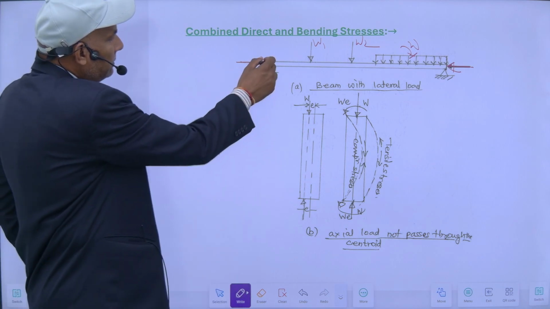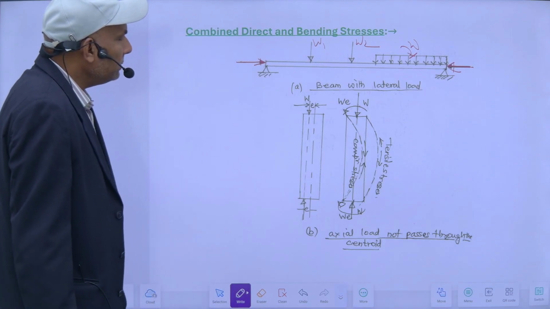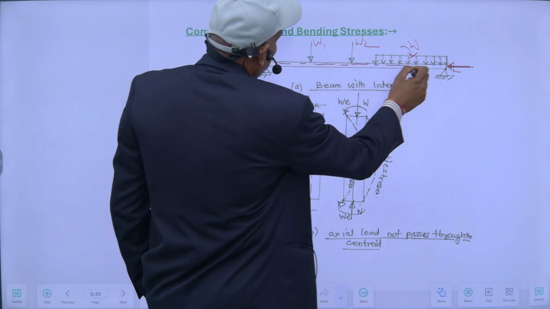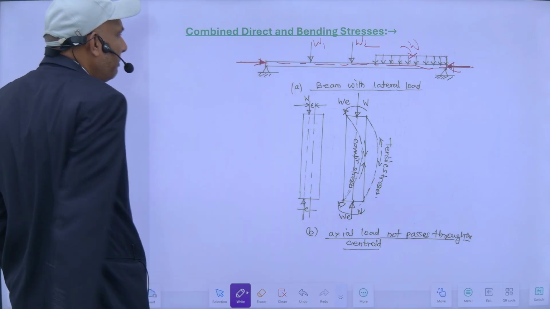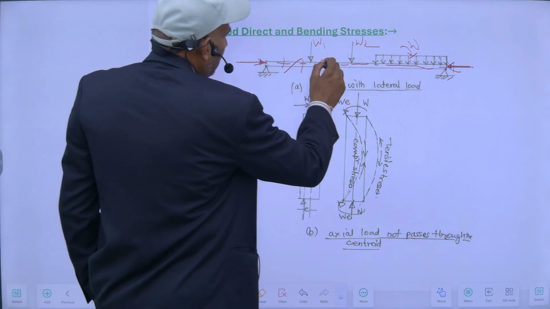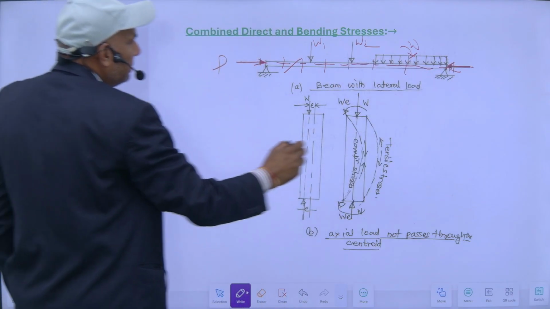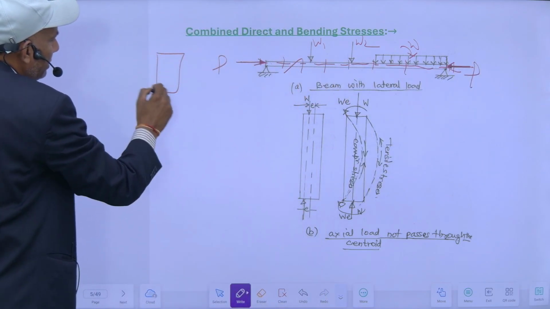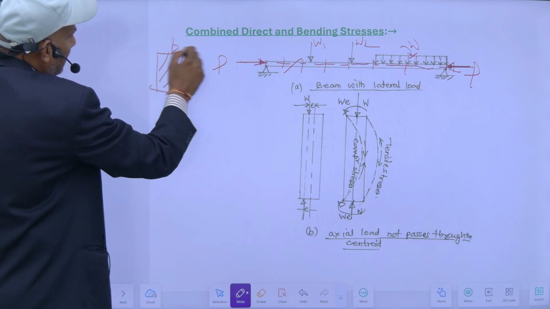This axial load passes through the centroidal axis. As a result of this force, there will be compressive stresses at each section. Suppose the load is P and the cross section of the beam is like this, with width B and depth D. This load will act on this area.